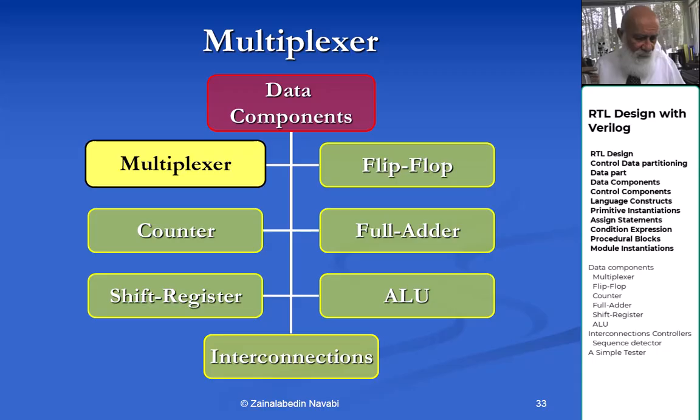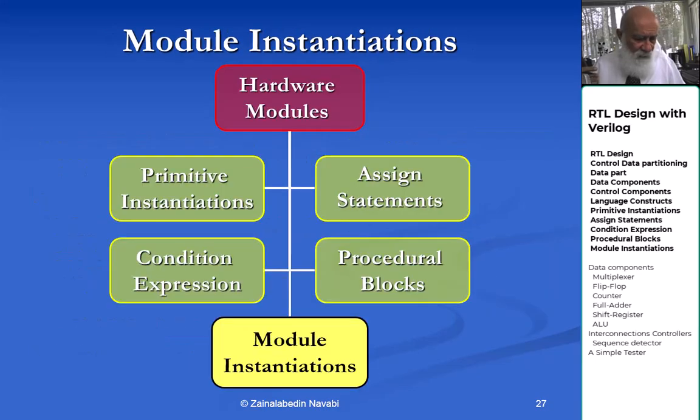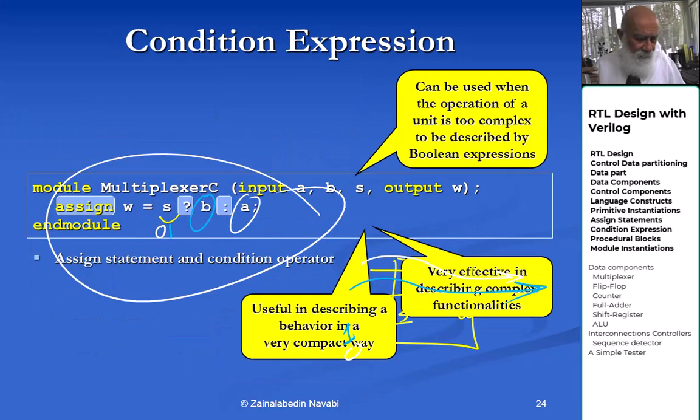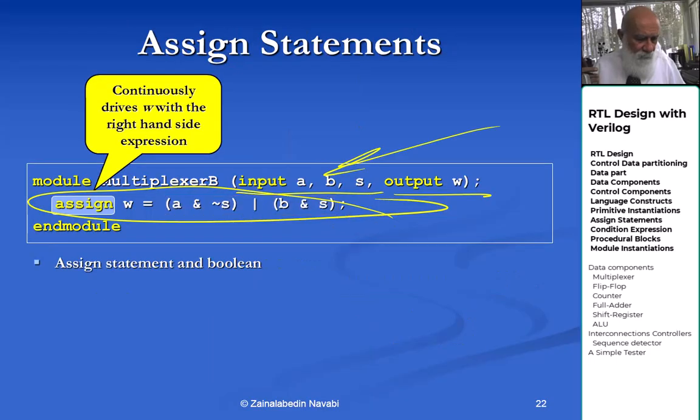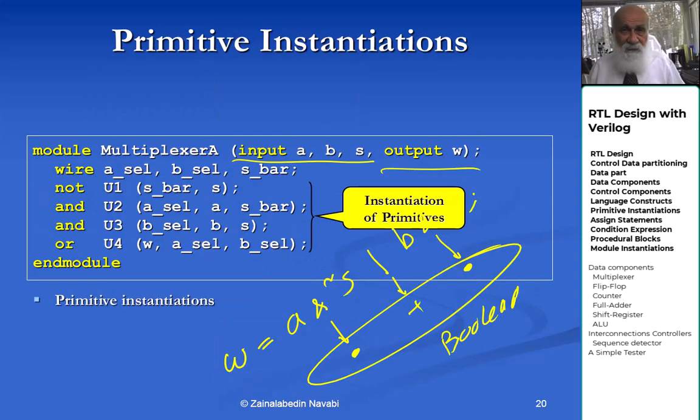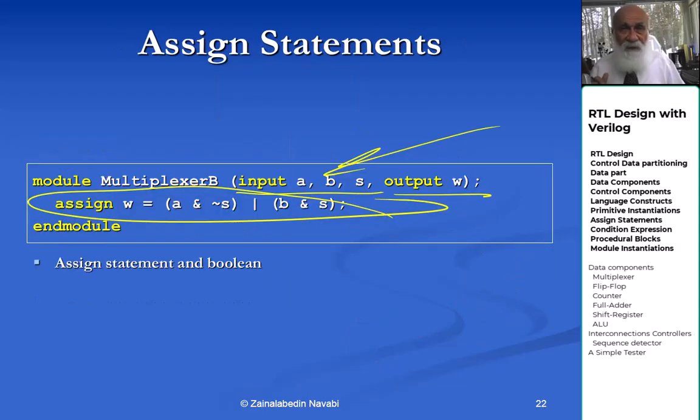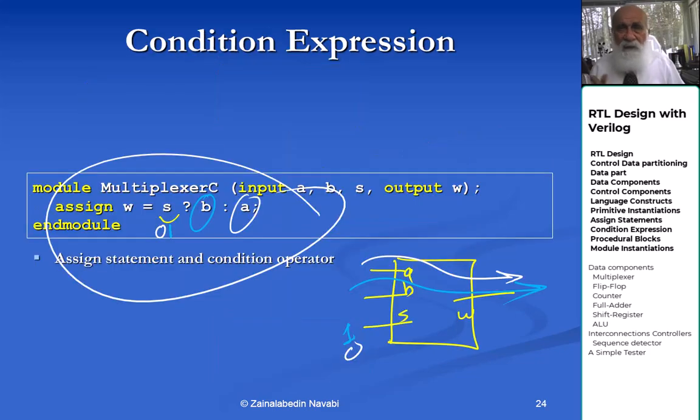No matter how you look at it, this is a description of a multiplexer at the gate level. This is a description of a multiplexer using Boolean expressions. This is a description of the same exact multiplexer using condition statements.